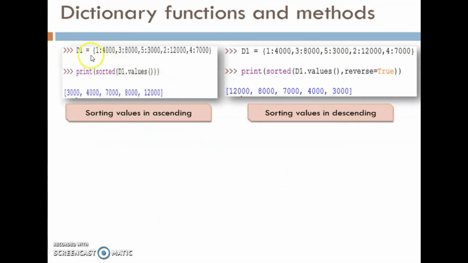Then d1 = {1:4,000, 3:8,000, 5:3,000, 2:12,000, 4:7,000}. Print sorted(d1.values()). It will sort the values in ascending order: 3,000, 4,000, 7,000, 8,000 and 12,000. Then how can we get the descending order of values?